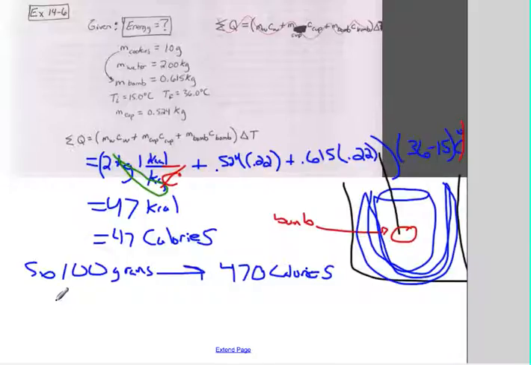So if you want the energy content, you would go 470 kilocalories, because I think the book has a nice conversion for that to joules. So kilocalories to joules, how does that work?